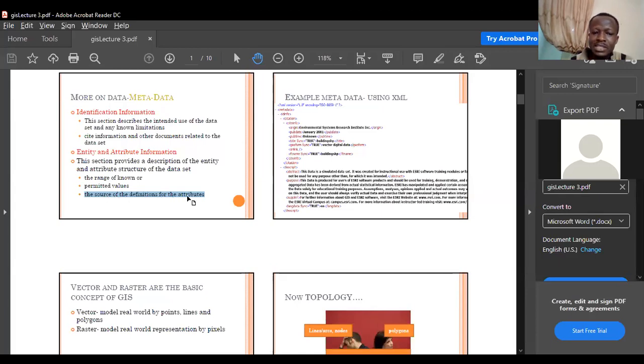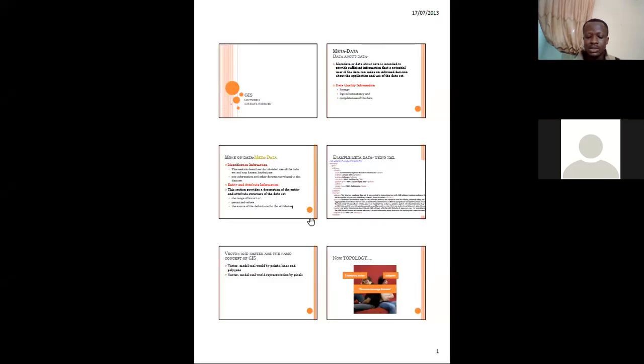Source of definitions for the attributes: in other words, when we say the width of a road, what do we mean? We need to provide all that as part of our metadata. An example of metadata is what you are seeing on the board. Coming up, trying to enlarge the screen.